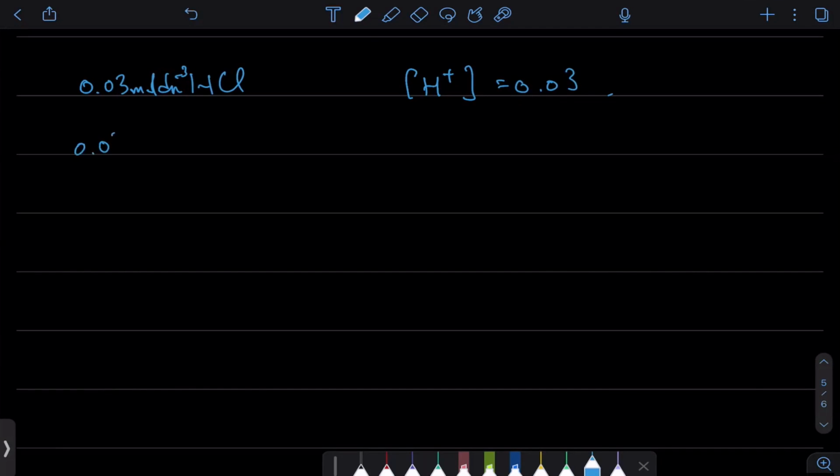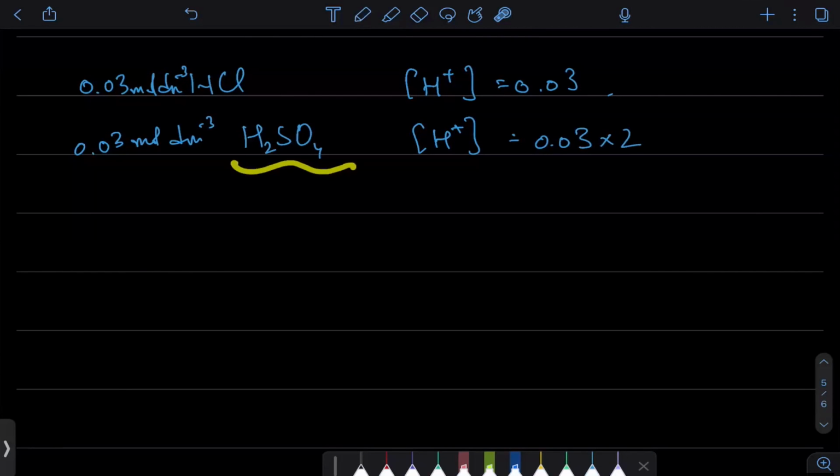But for the same concentration of H2SO4, this will change. Now, my H positive concentration is not this. It is 0.03 times 2 because every molecule of H2SO4 is giving me 2 H positives.